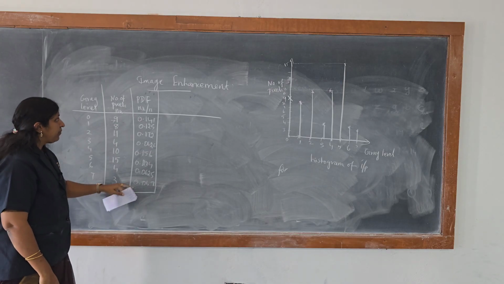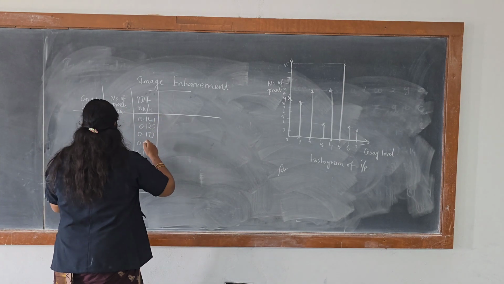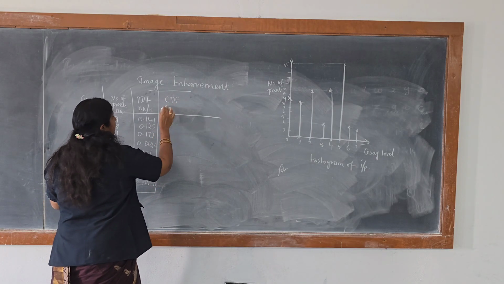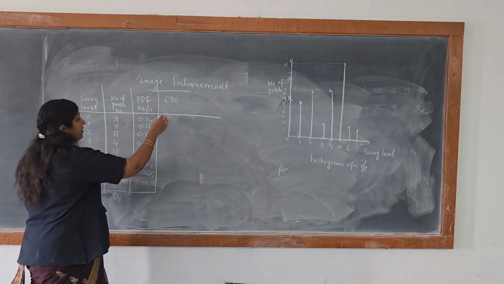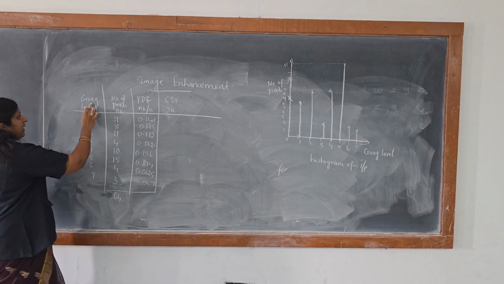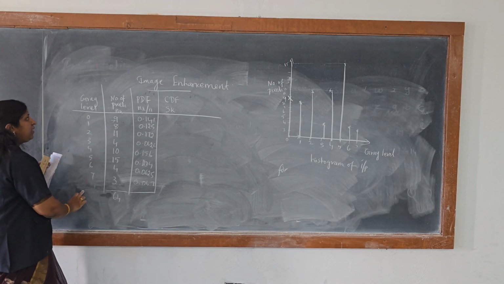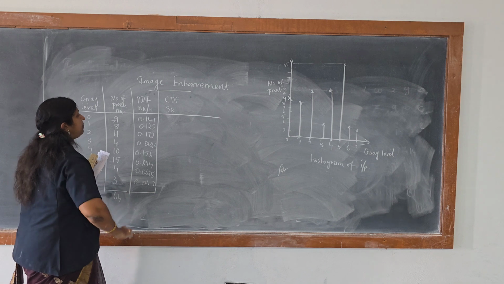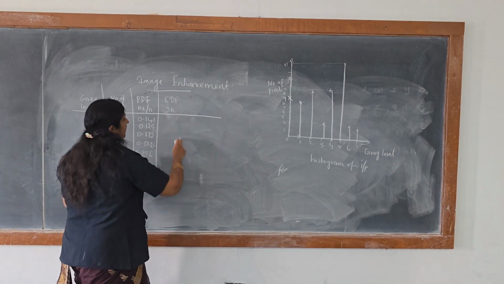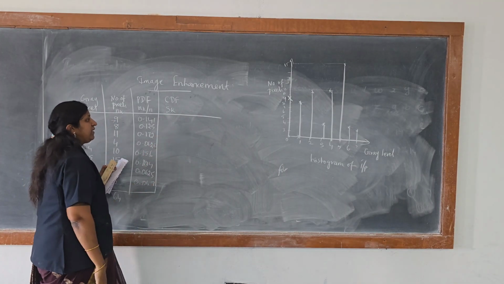So first we have calculated the probability density function. Now we can calculate the cumulative density function. This cumulative density function can be represented using the symbol S of k. The gray level and number of pixels are given in the problem statement. First we calculate the probability density function, then we calculate the cumulative density function, represented as S of k.